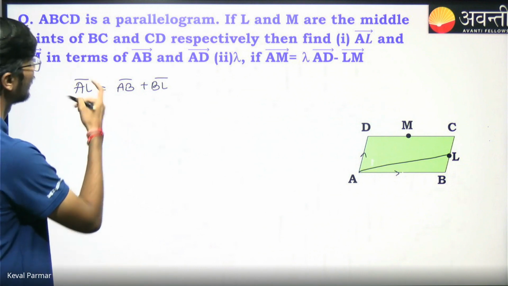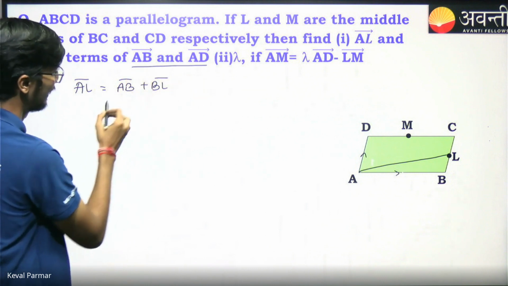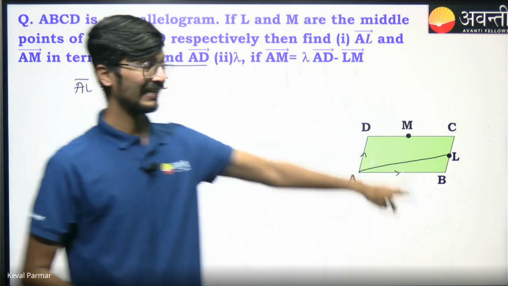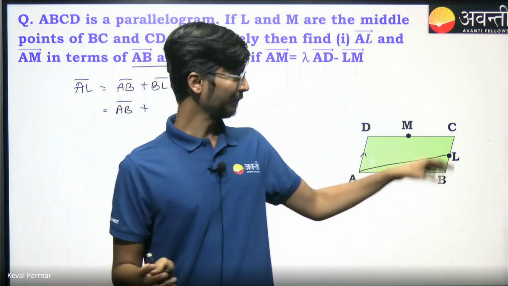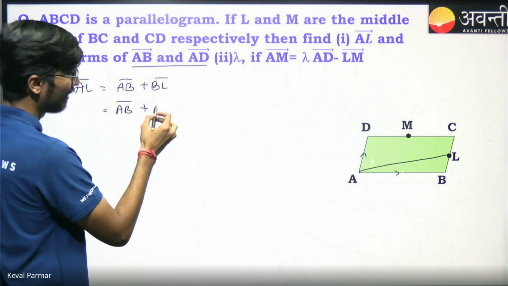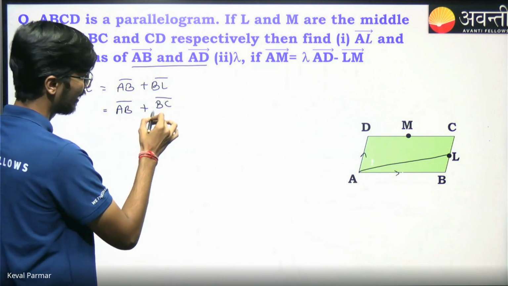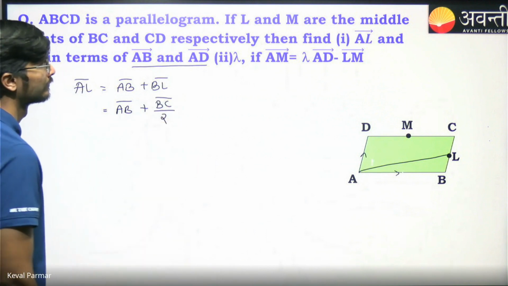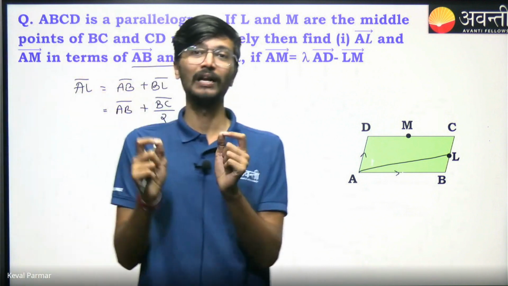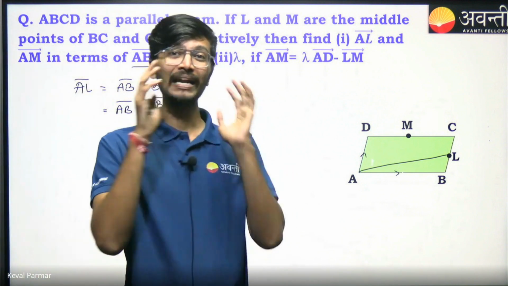What is AB bar? I want it in terms of AB bar, so AB bar will stay as it is. Now here, L is the midpoint of BC bar, so that means I can write BL bar as BC bar upon 2. And we want AD bar. In a parallelogram, we know opposite sides are equal and parallel.